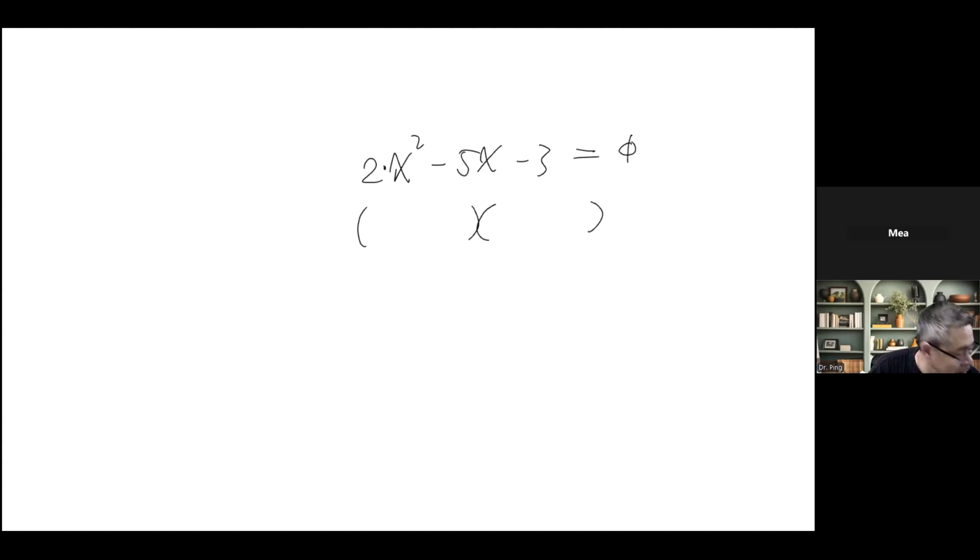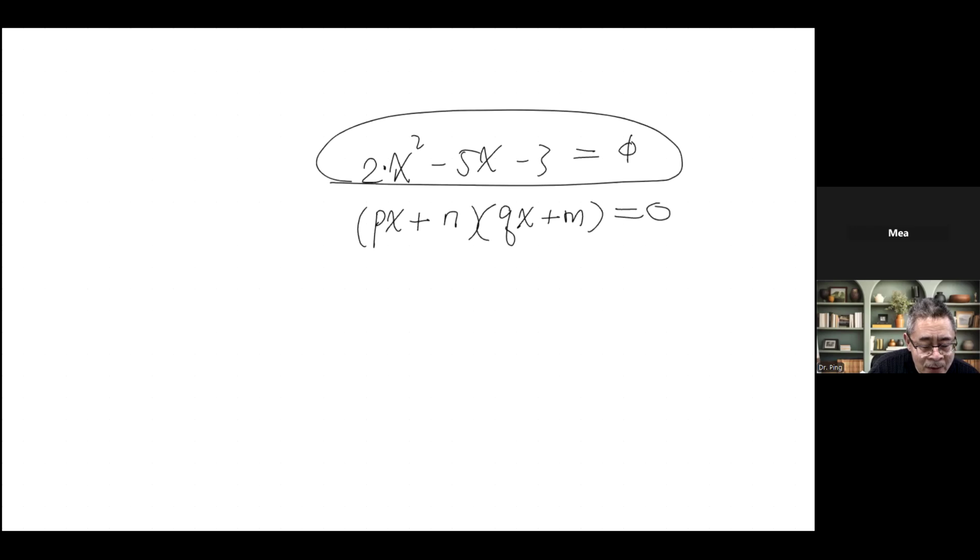So let's call the first one px plus n, and this is qx plus m. Okay, so as long as we can change this into this, then we'll be fine. Let's see what we have in order to do that.